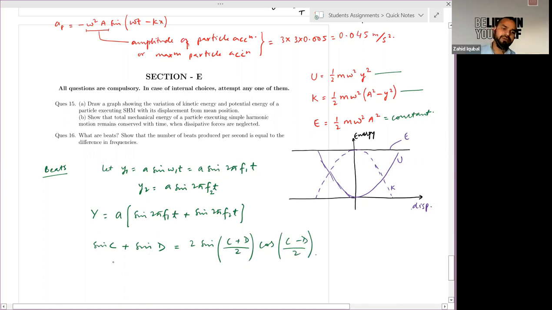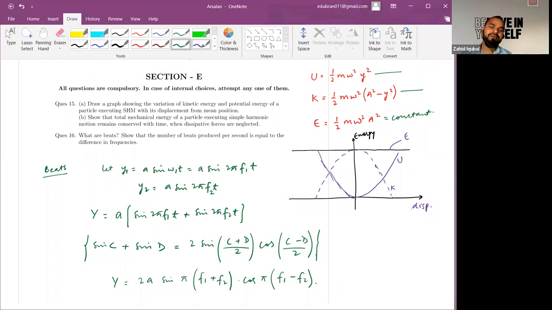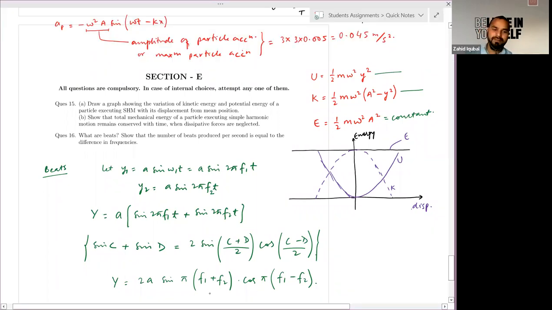On substituting in this formula, you will get y is equal to 2 times a sine pi (f1 plus f2) times cos pi (f1 minus f2). So in this result, we have two different waves oscillating with two different frequencies, one having sum of frequency of two waves and one having difference of frequency of two waves.